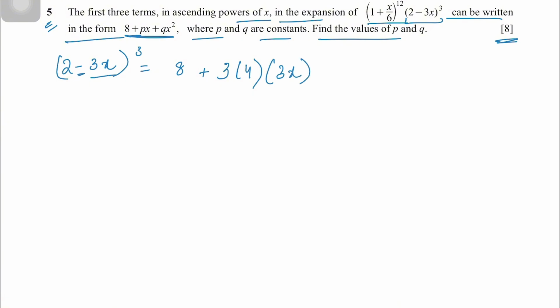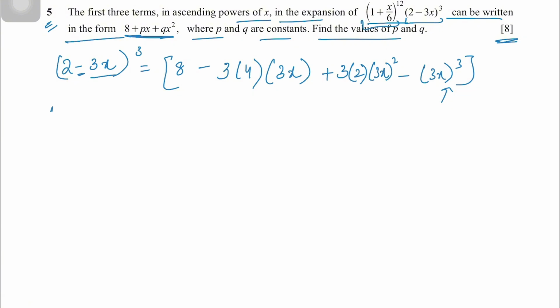And since it's negative, the second term would be negative, the third term would be positive, and then the next one would be negative. And then 3c2 is again 3. Then this would be 2 powered 1, and then 3x powered 2, right? And then we'll have 3x powered whole cube. Now we won't be using this since we don't need an x cubed term.